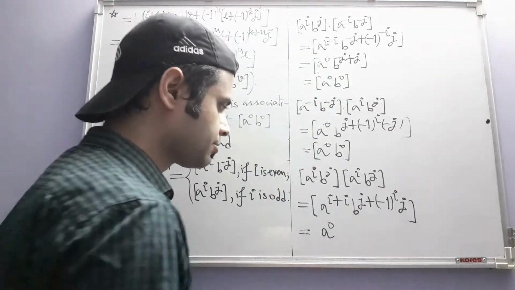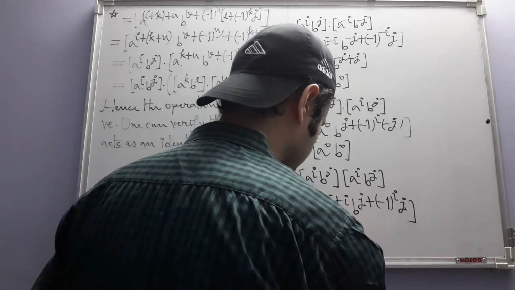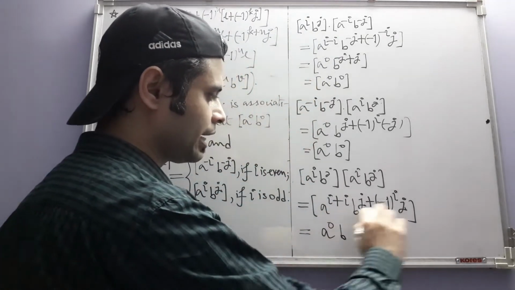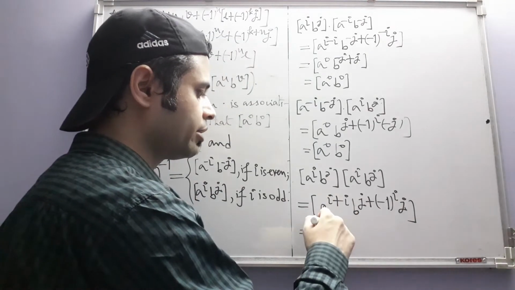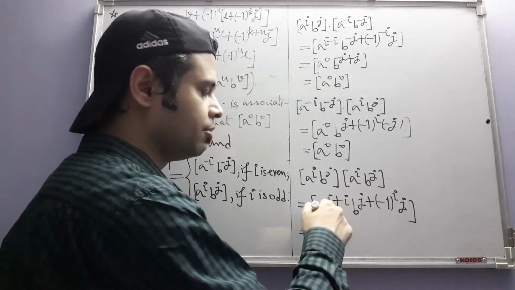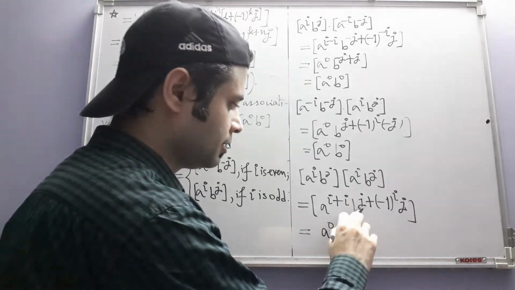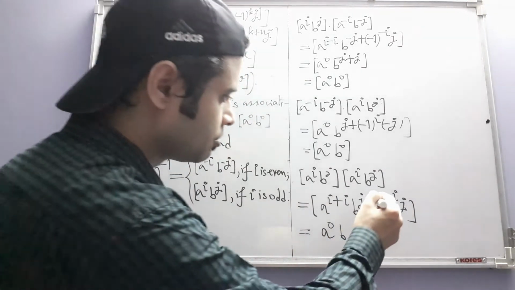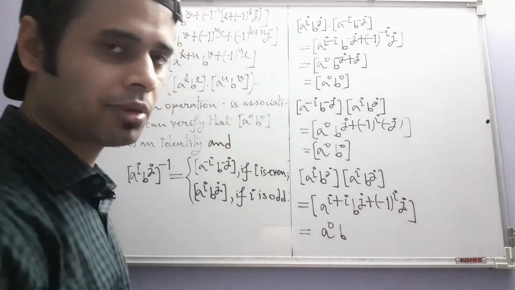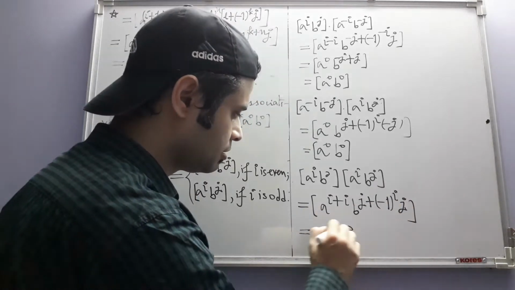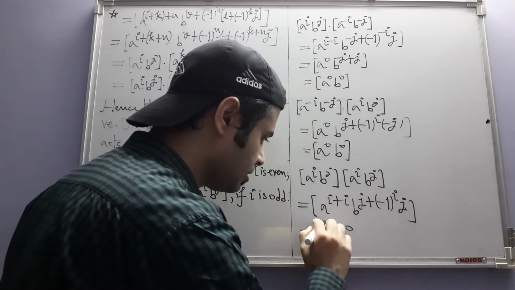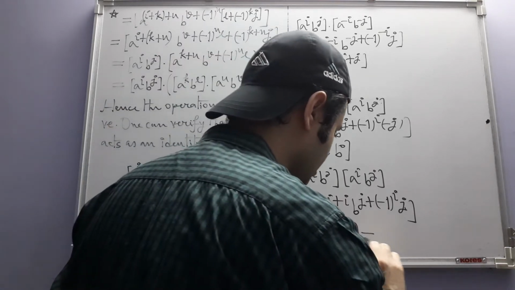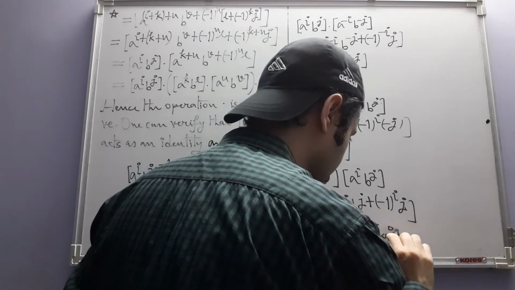Why? Can you guess why? We don't have to bring 0 from outside, but this becomes 0 because now i is odd. So minus 1 to the power i will be minus 1. So j minus j is 0. Actually, we can write one more step. We have this, however, this is equal to a0 b0.